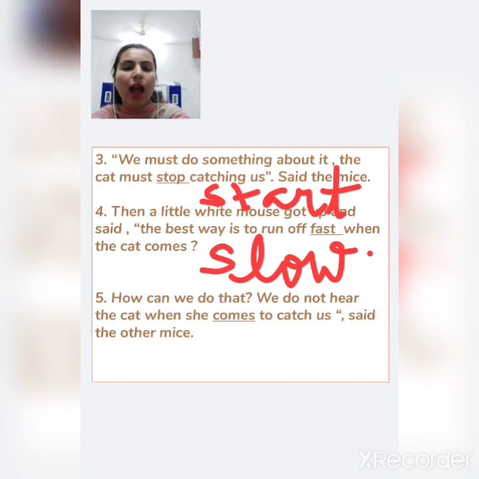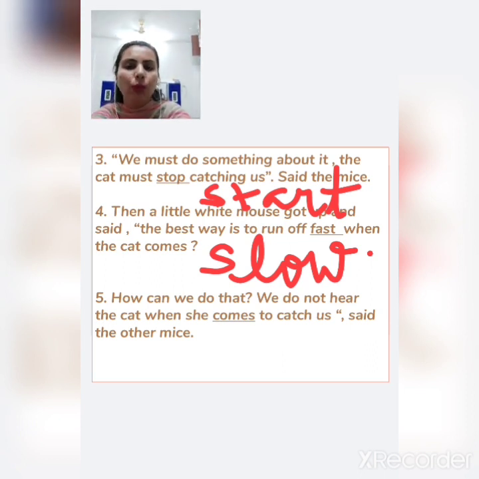Next is, how can we do that? We do not hear the cat when she comes to catch us, said the other mice.